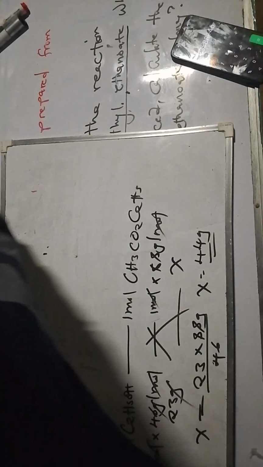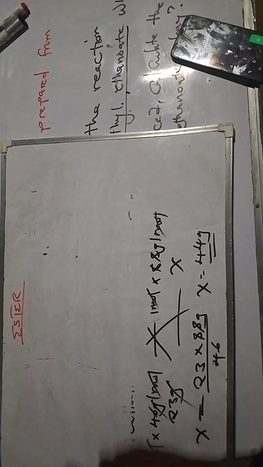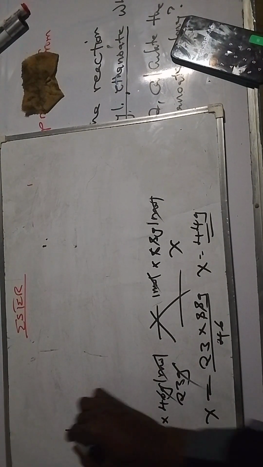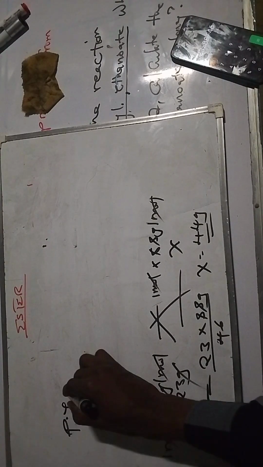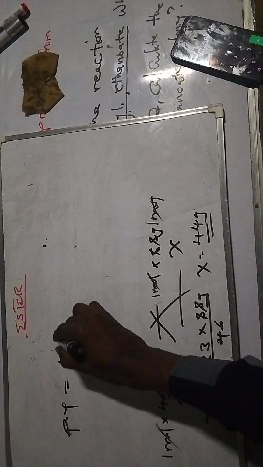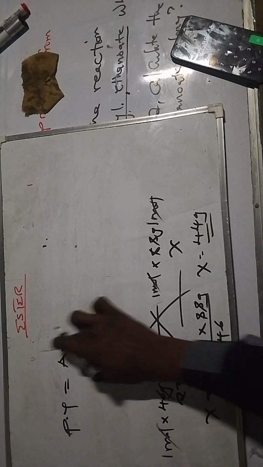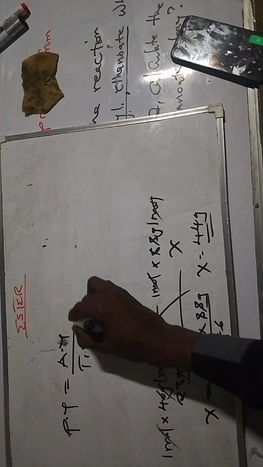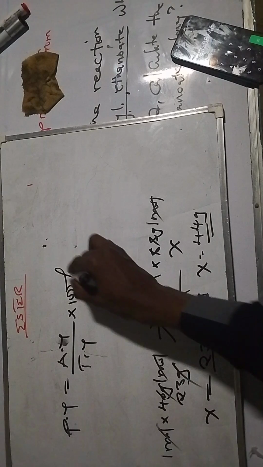So percentage yield is calculated as this. Percentage yield is equal to actual yield over theoretical yield, you multiply by 100%.